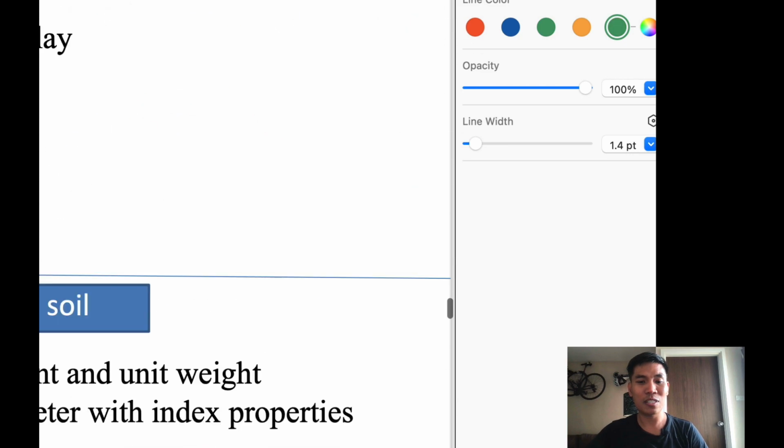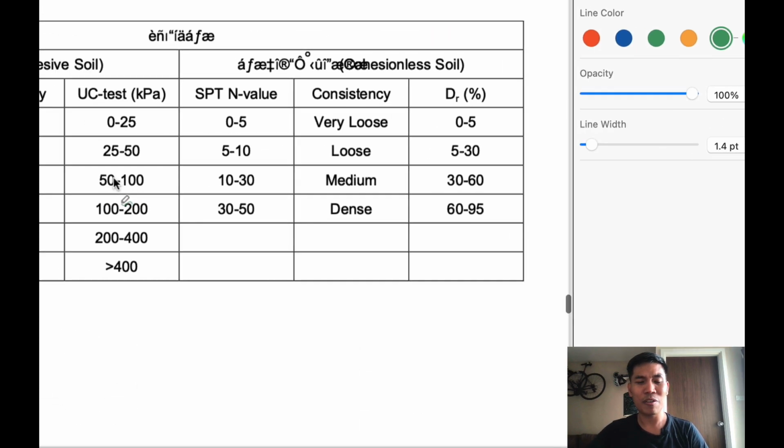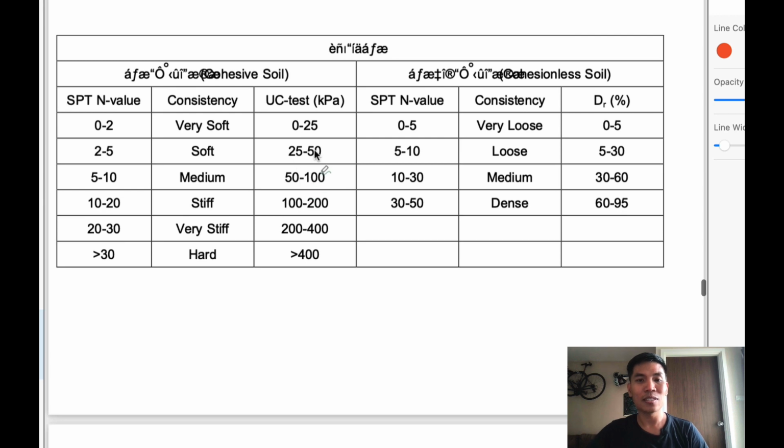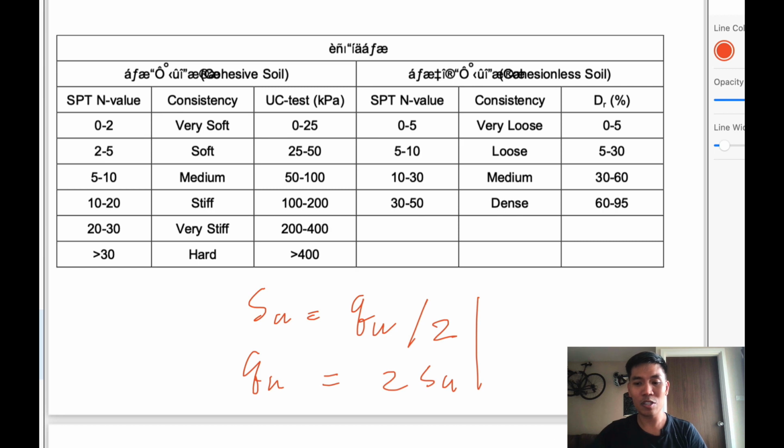Go back to the table. I have one table about 18. Okay, in this table it is not SU, it is unconfined shear. So if you would like to obtain SU, SU equals QU over 2, or QU equals 2 times SU. So the first SU, how much is it? I cannot remember.